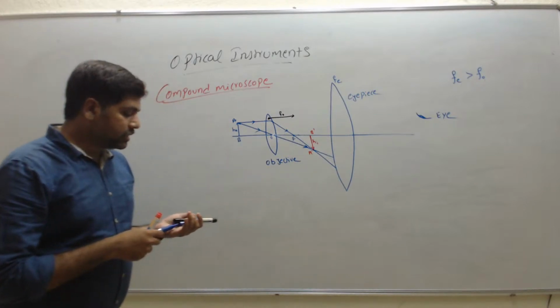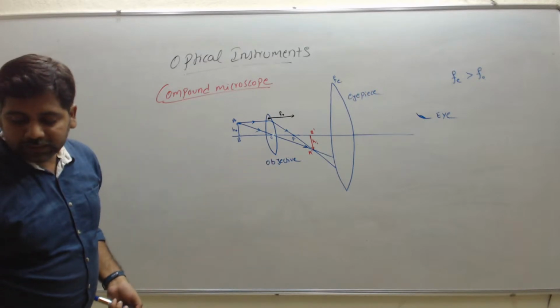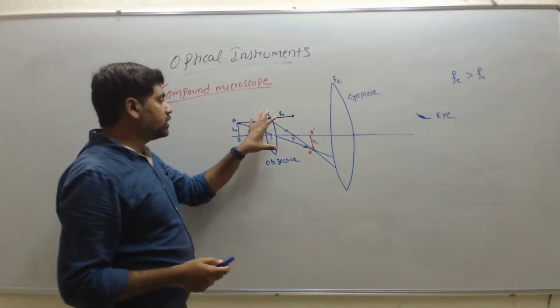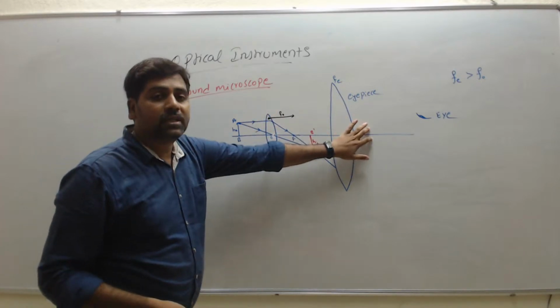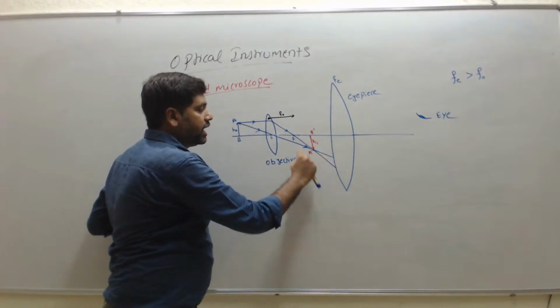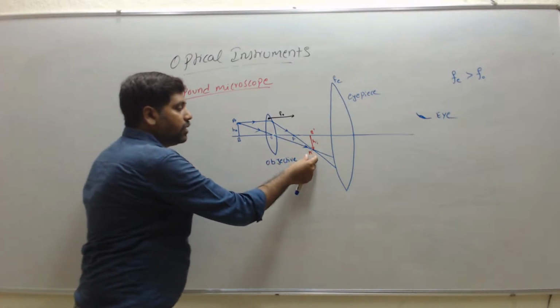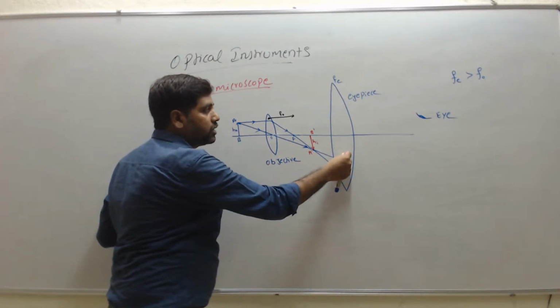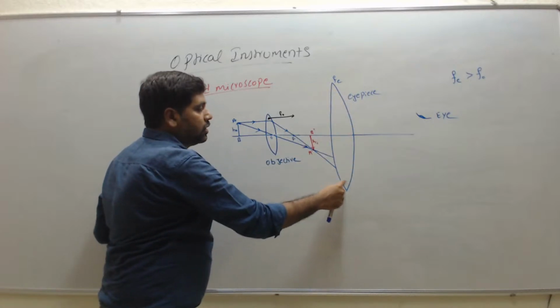In thin lenses in contact, or when we consider two lenses, the image formed by the first lens acts as the object for the second lens. Here A dash B dash is the image of the object AB. So this image acts as the object for the eyepiece, that is, for the second lens, right?